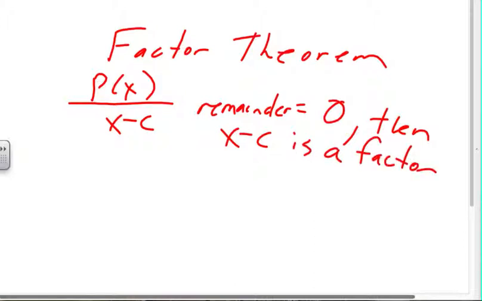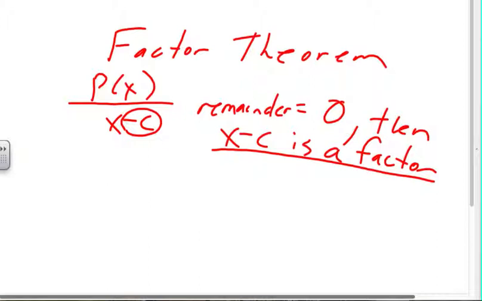And this is going to be really important when we start factoring higher order polynomials. Okay, fourth, fifth, sixth order polynomials that you can't do the nice way we've been dealing with quadratics. We'll tell you how to guess what these c values are, and then you find the ones which have a remainder of 0. That means these are factors. And then you have a quotient on top, and you just continue to factor down.